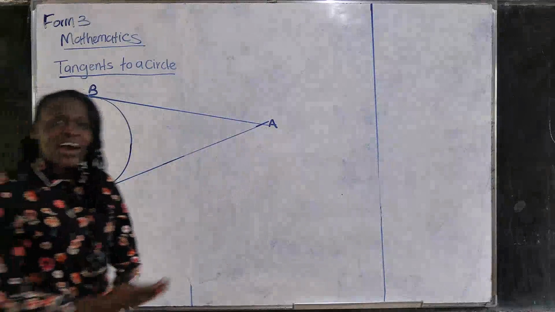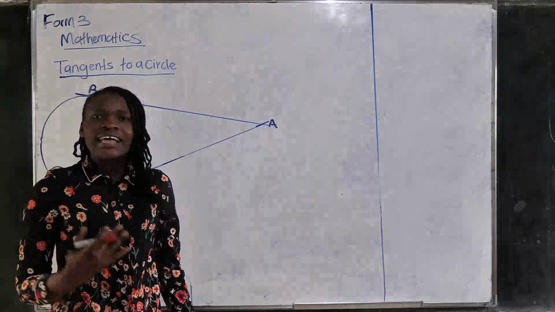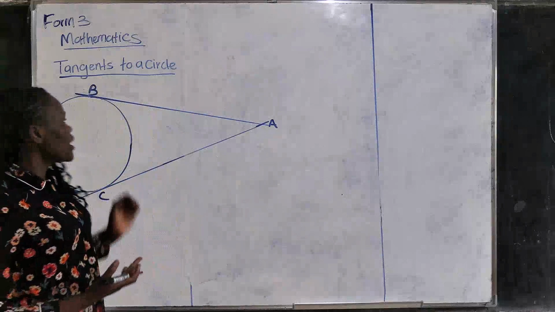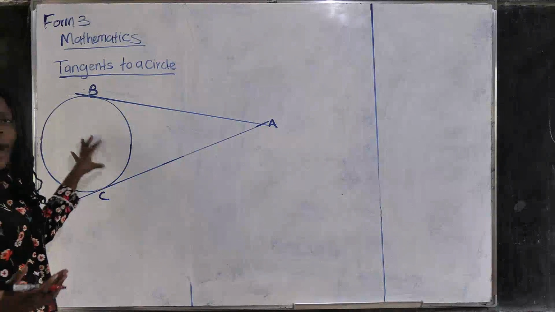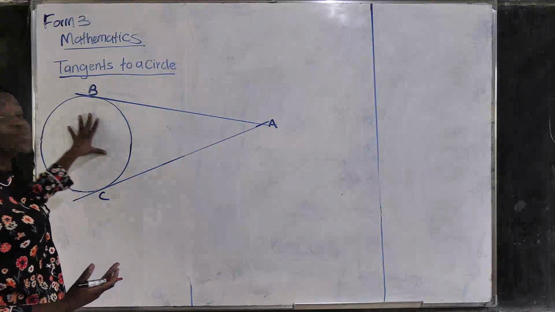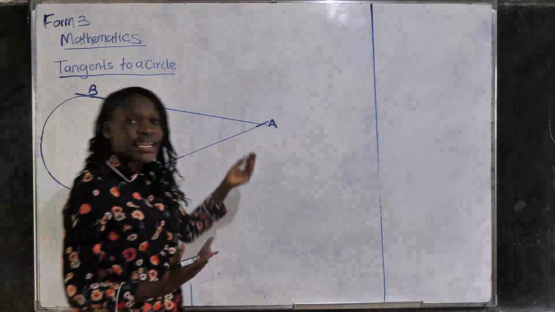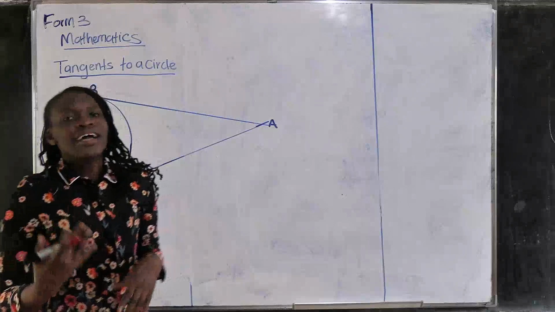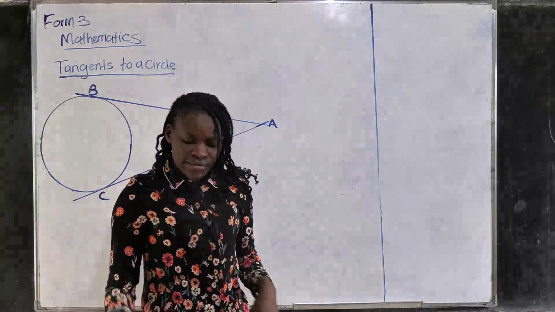So you find that this circle has two tangents, and they are meeting externally outside the circle. There are some properties that we have for that.